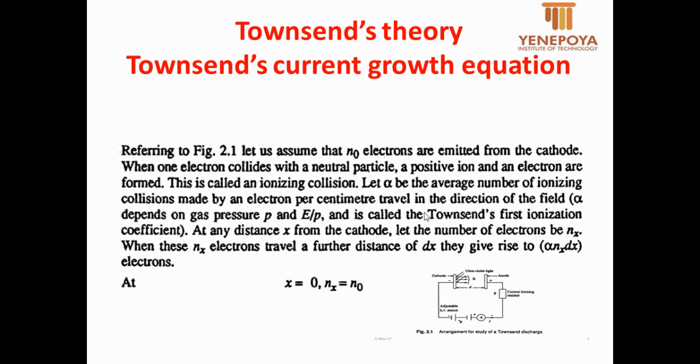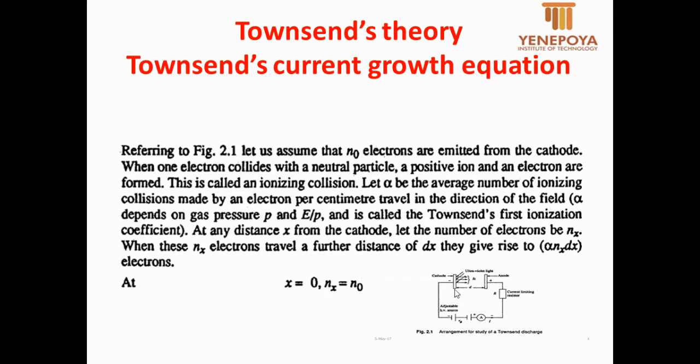At any distance x from the cathode, let the number of electrons be nx. When these nx electrons travel a further distance of dx, they give rise to alpha nx dx electrons.